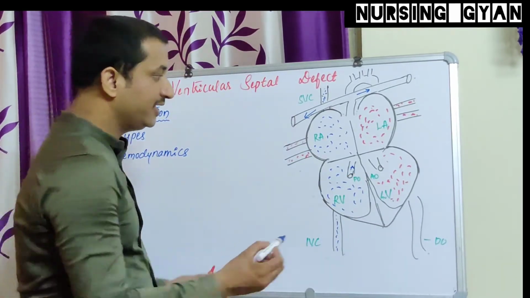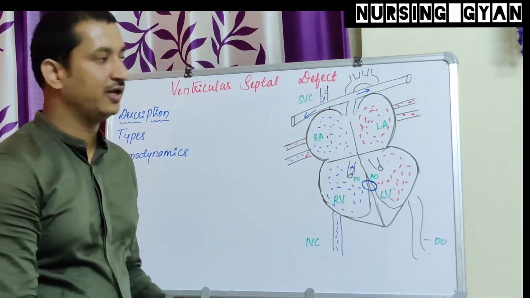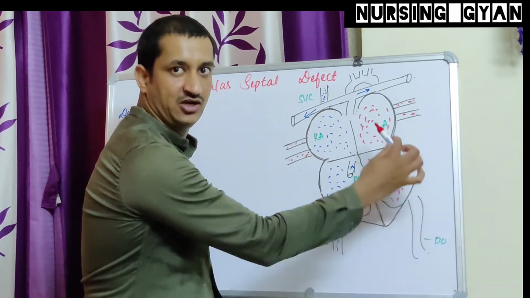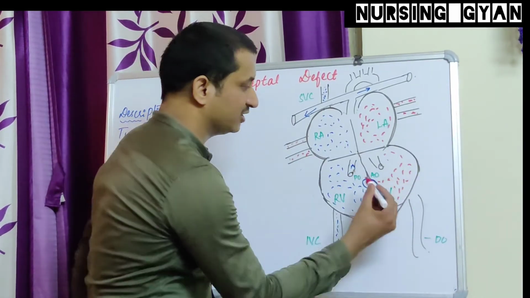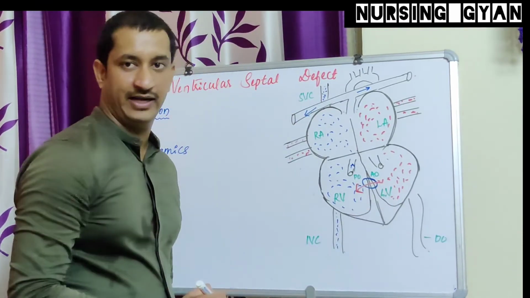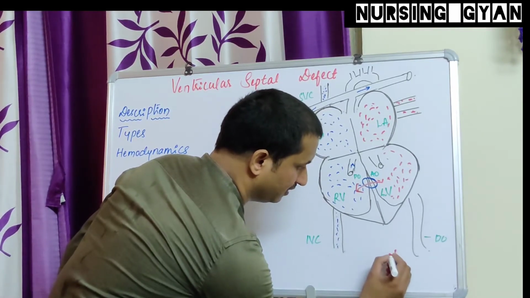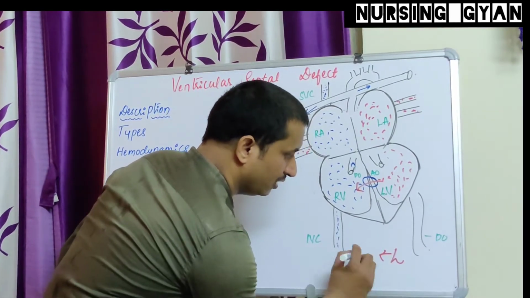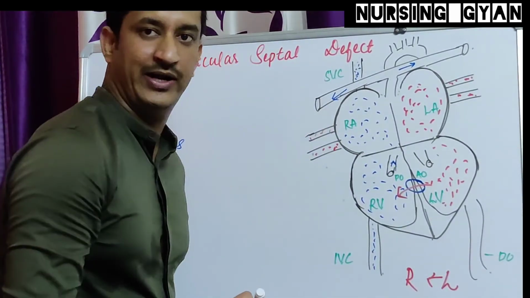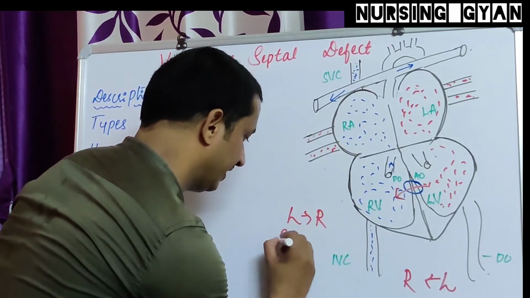But when there is a defect over here, as you know, the left-sided heart is pressurized or has a high resistance. Usually blood from the left ventricle will move towards the right ventricle. That is, the high pressure left ventricle will allow the blood to go to the low pressure right ventricle. So this is where left to right shunting occurs.